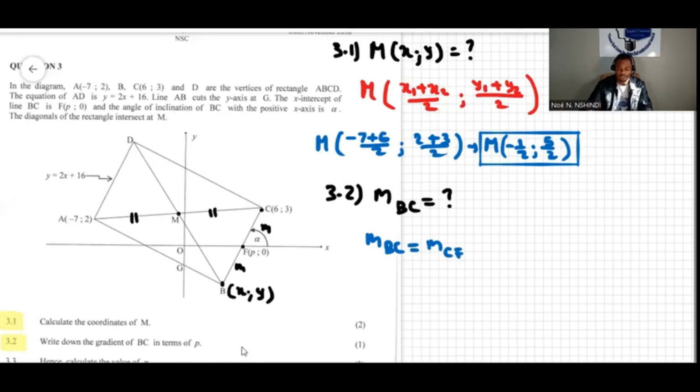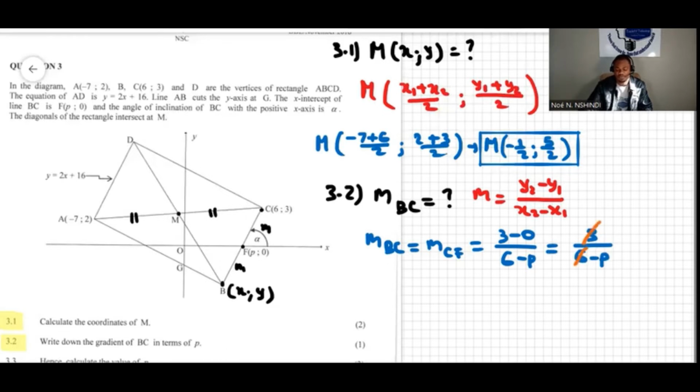The gradient formula is given by m equals y2 minus y1, the change in y over the change in x. So this will be 3 minus 0 all over 6 minus p, and this is equal to 3 over 6 minus p. Careful here, do not ever simplify this part.